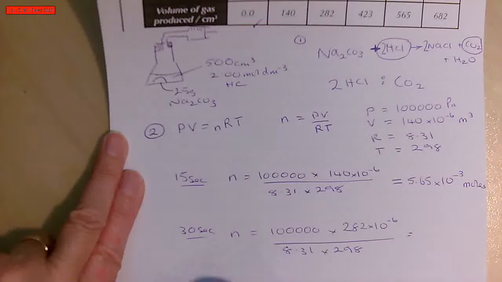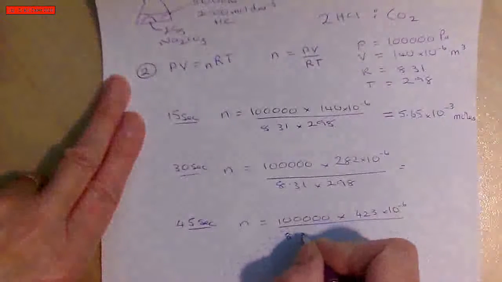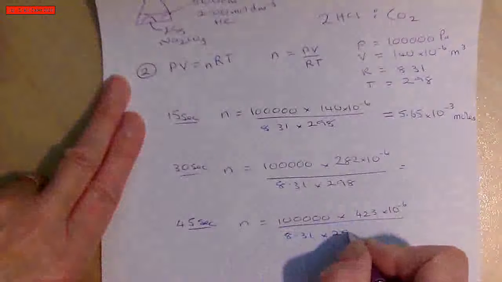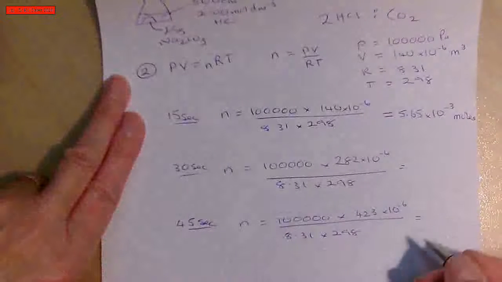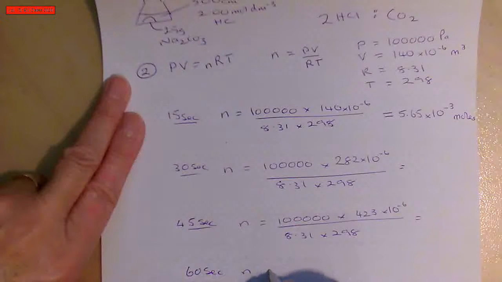We can work that out, I'll put that in the calculator later. 45 seconds, n equals 100,000 times 423 times 10 to the minus 6 divided by 8.31 times 298. Again, I'll put that into the calculator and I'll get the answer for that.